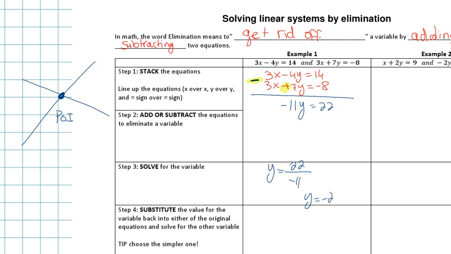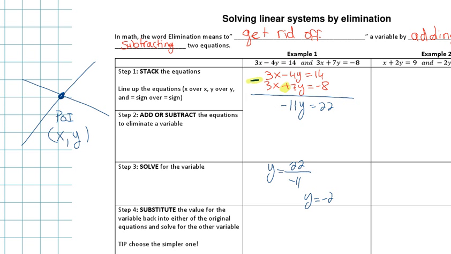What's the first value for the POI? It's x and y, right? I'm looking for the values x and y. So far I found which one? Y. I need to find x. To find x, I need to plug in that y into either equation, doesn't matter which one, and solve for x.